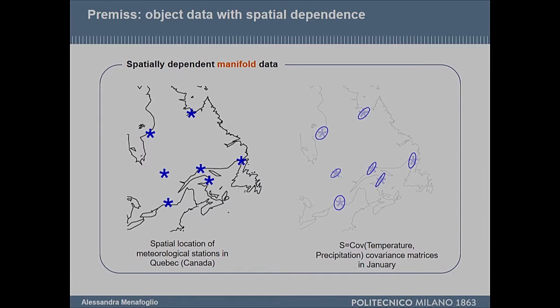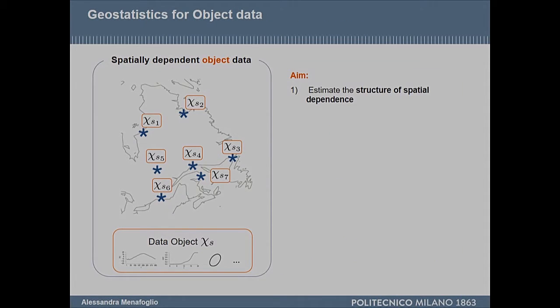So the idea of the project is to develop a coherent framework, a general framework, to deal with all these kinds of data within the same mathematical context. So in general, we aim to estimate the structural spatial dependence, so how the information at nearby locations is correlated, and to use this spatial dependence in order to make predictions at unsampled locations.